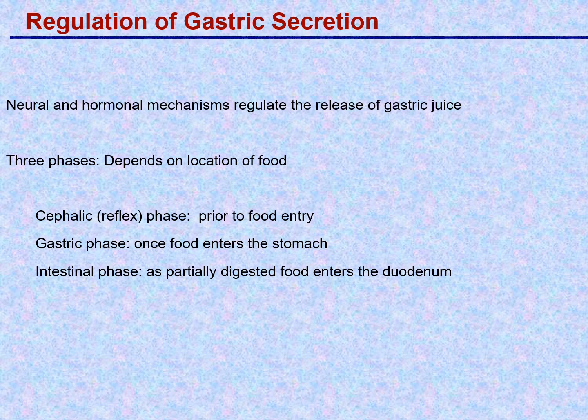When the stomach is empty and before any food enters, the stomach is in a cephalic phase. Once food enters into the stomach, it goes into the gastric phase, and then as the food is converted into chyme, it gets delivered by relaxation of the pyloric sphincter into the duodenum, and that's the intestinal phase. And we'll go through each of these phases on the next few slides.